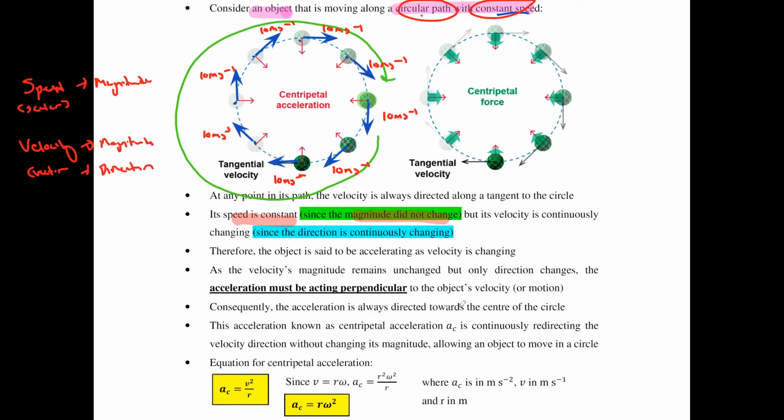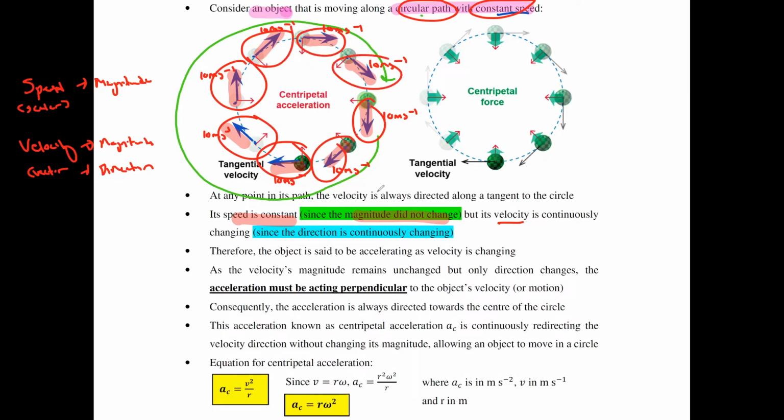So when something moves in a circular motion, it is correct to say that your speed is constant because the magnitude never changed. But we cannot say that the velocity is constant, because you notice that the direction of your velocity is continuously changing. This is the direction of your velocity at the different points. So velocity here is actually continuously changing.